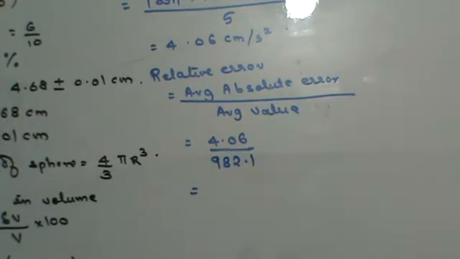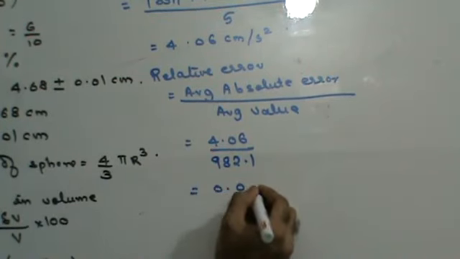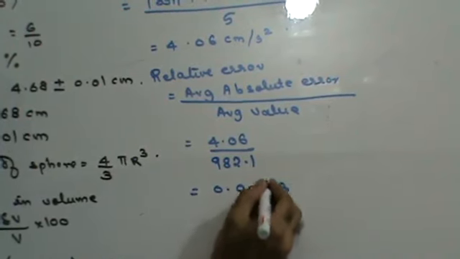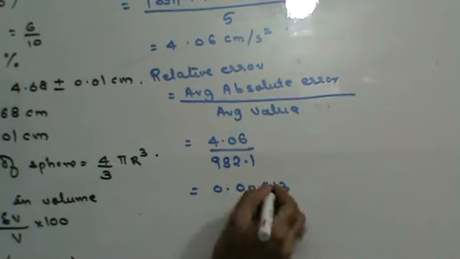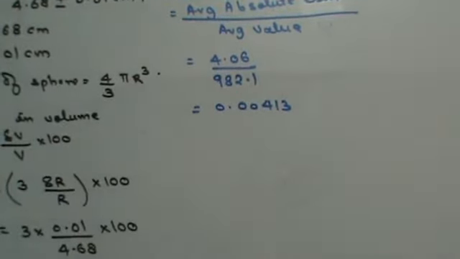When you divide this, you will get 0.00413. No units, because this is a ratio.